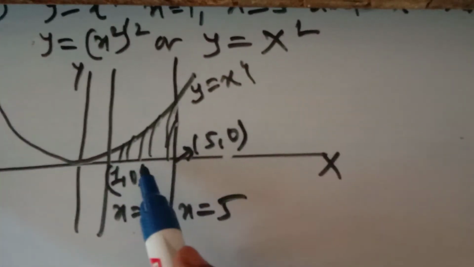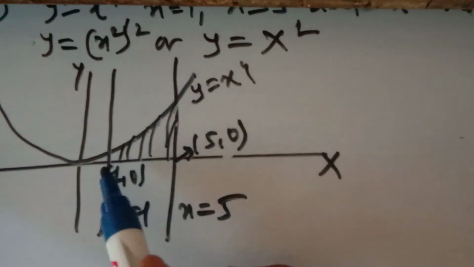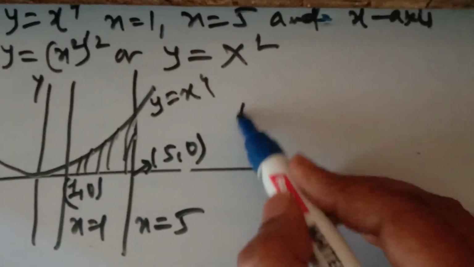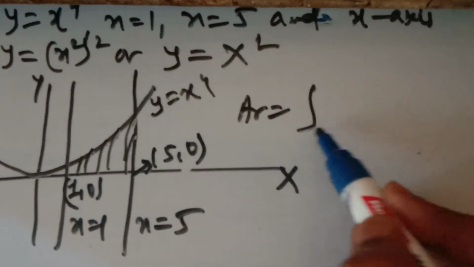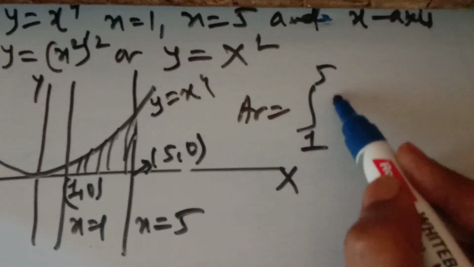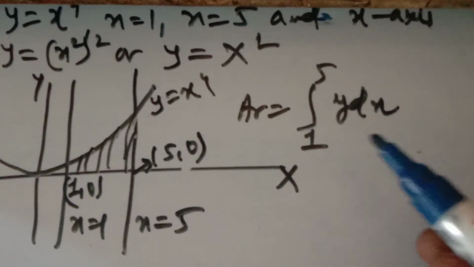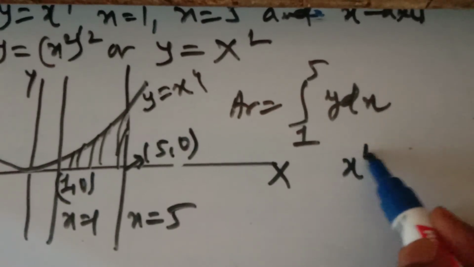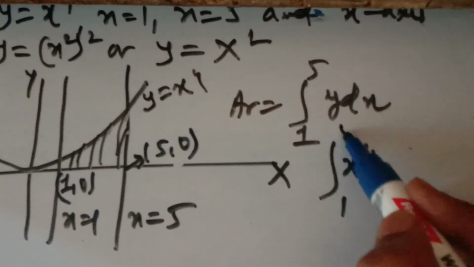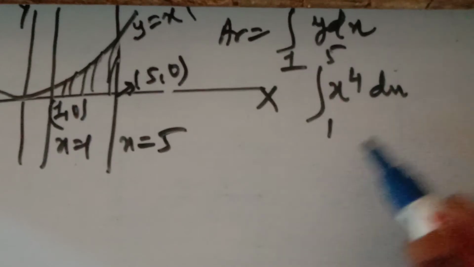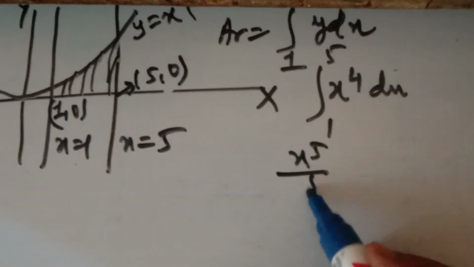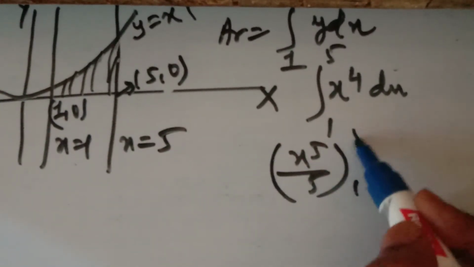So as usual in the first part, you can integrate this curve from the limit 1 to 5. You will get the area bounded by this. So it will be the integral from 1 to 5 of y with respect to x. Simple area. So y is x to the power 4, which you have to integrate with respect to x. So it will be x to the power 5 upon 5 from 1 to 5.